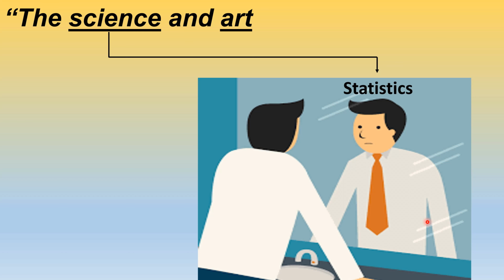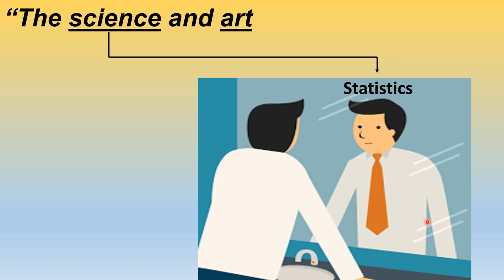Also, what you see in the mirror is how you look, how your hair looks, the dimensions, the fitting of clothing, the color match. All of these are descriptions. That is what we're going to call later descriptive statistics. We're going to describe you using data, using analytical information.